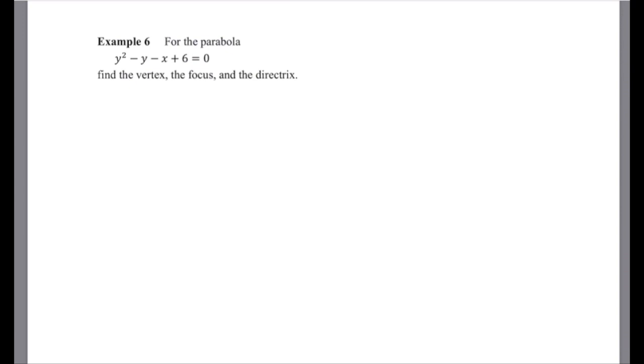Again, I see that I have my y squared value, so that tells me we need to use the formula (y minus k) squared equal to 4p times (x minus h). Getting all of my y's on one side, I'll have y squared minus y is equal to x minus 6 when I add x and subtract 6.